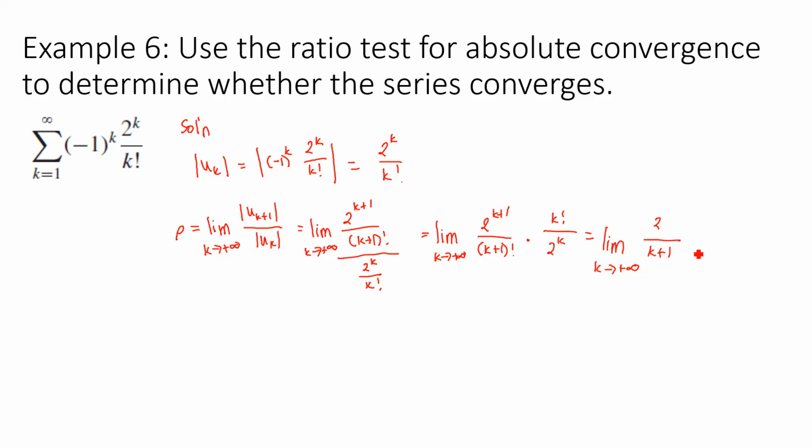So the limit of this is 2 over k, that is 0. Here you have 1 plus 1 over k, so that's 1. So 0 divided by 1 is equal to 0.